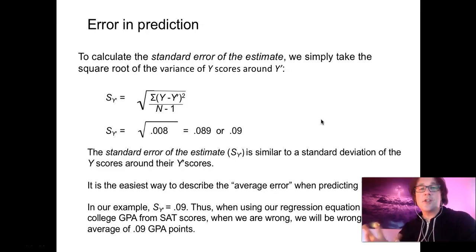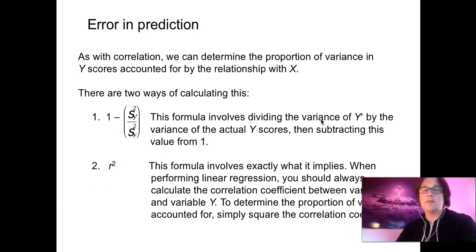So when using our regression model to predict college GPA from SAT scores, when we are wrong, when our y-score is not the same as our predicted y-score, we will be wrong by an average of 0.09 GPA points. So not a whole lot of error there. We're doing pretty well in terms of error rate. The regression line does a pretty good job at predicting GPA scores from SAT scores, at least in our model here.